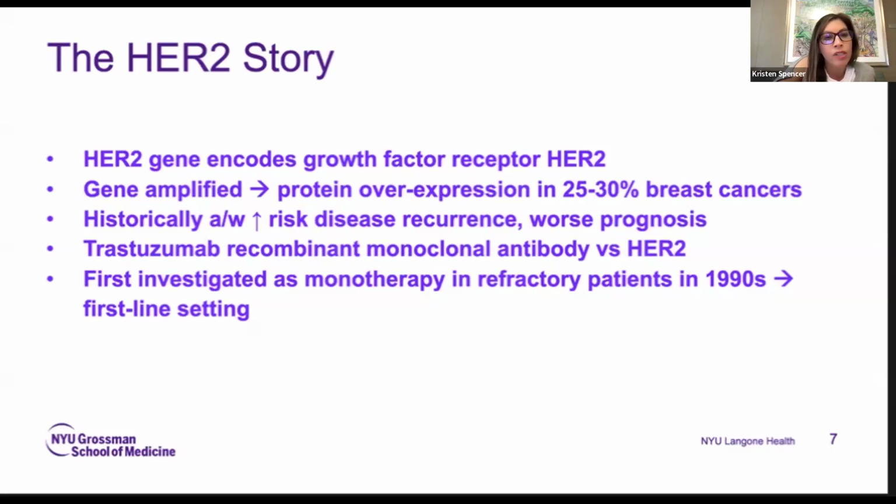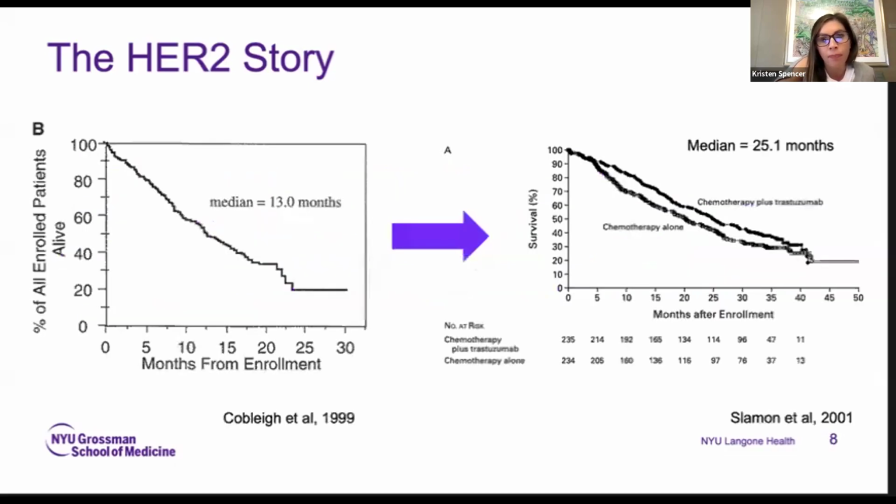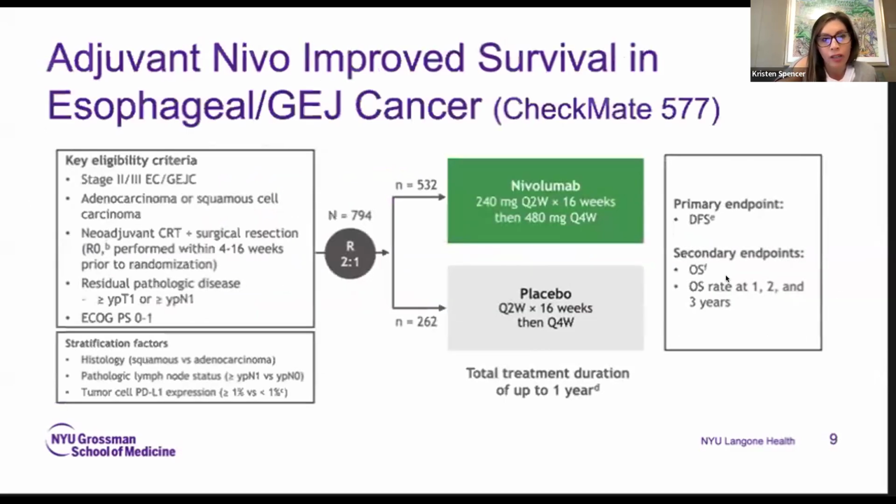It was first investigated as monotherapy in refractory patients in the 1990s, as we often do in medical oncology. I know Dr. Maitel often complains to us about our way of doing this, but it did ultimately get moved into the first-line setting. And you can see that in combination with chemotherapy, this same agent moved into the first-line setting improved outcomes, including an almost doubling of overall survival. And we've seen that in GI cancers as well.